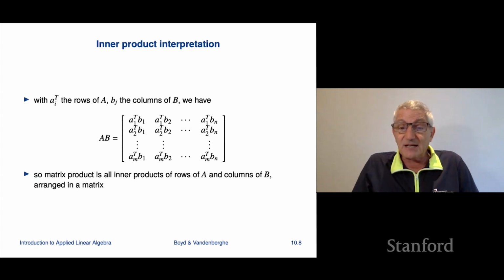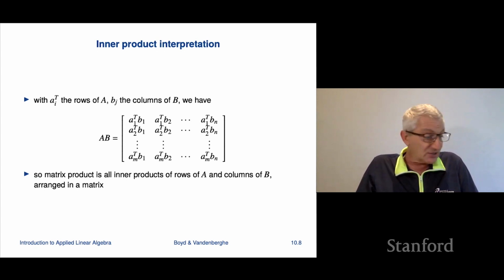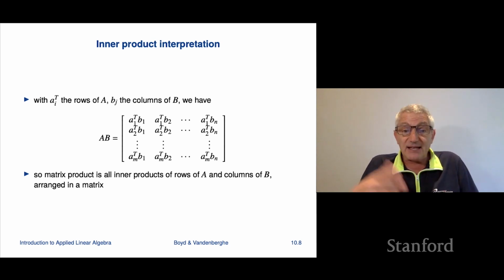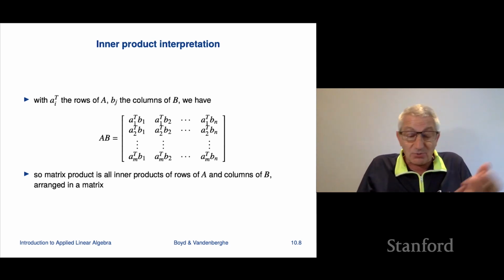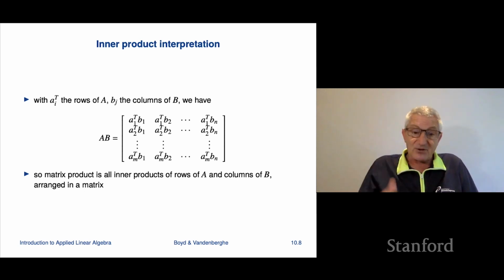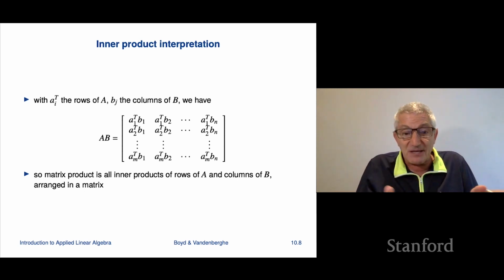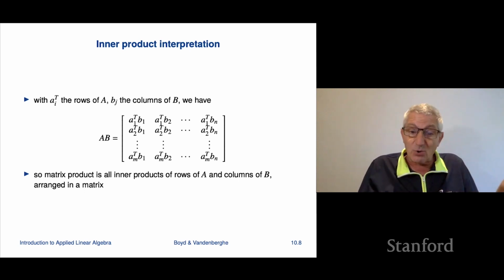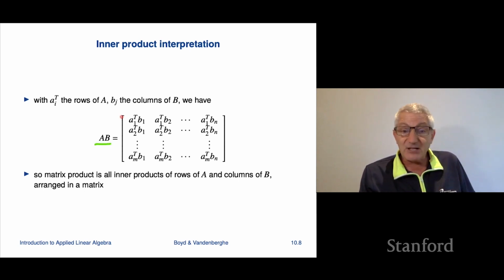Okay, another very useful interpretation for us is going to be the inner product interpretation. As you know, to calculate an entry of the product, you go along a certain row of A and down a certain column of B. Very roughly speaking, you're taking the inner product of a row of A and a column of B. Well, we can write it out this way. We can say that AB is the following matrix.